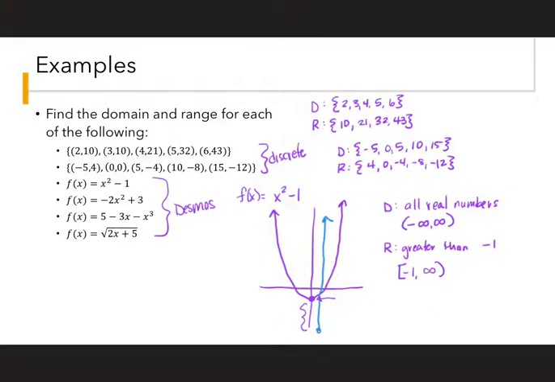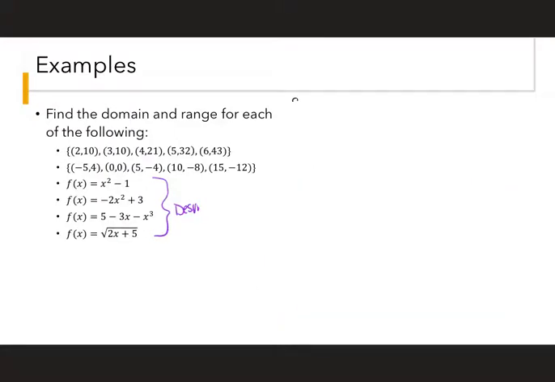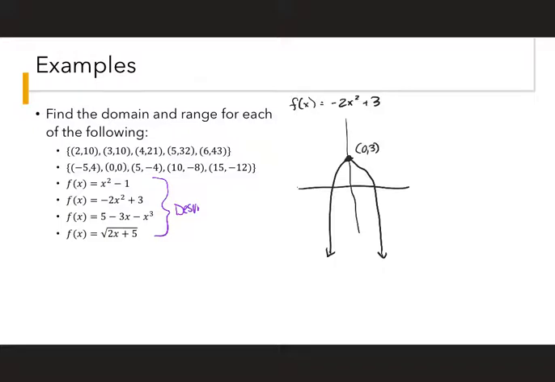Let me erase this. All right, so let's look at f of x is -2x squared plus 3. You can go to Desmos, you can graph this. It's going to look something like this, where this is the point (0, 3).